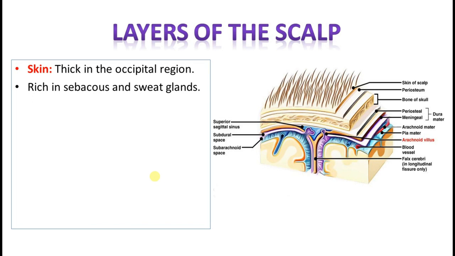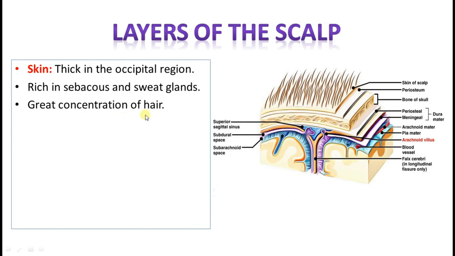And we tend to lose 50 to 100 of these hair follicles, or hairs, on a daily basis, and it is replaced. Okay, and it depends upon the age, sex, your hormonal levels, nutrition, all these factors, and the genetic factor is also involved in the distribution of the hair follicles.